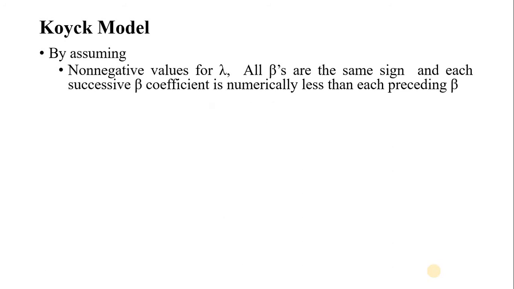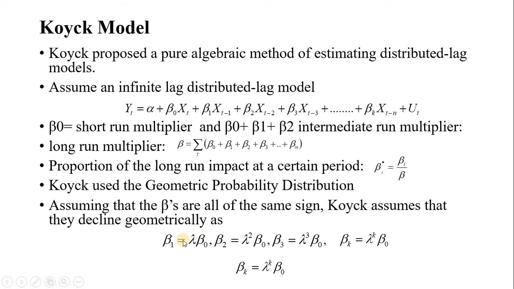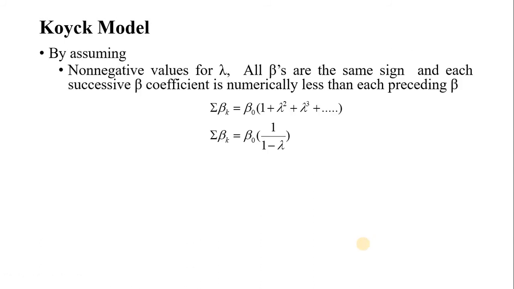If you look here, 1, lambda, lambda square, lambda cube, lambda raised to 4 up to lambda raised to k. So similarly, if you take the sum of the betas, it should be beta 0 multiplied by 1 plus lambda plus lambda square plus lambda cube plus lambda raised to 4 plus lambda raised to 5 up to lambda raised to k.